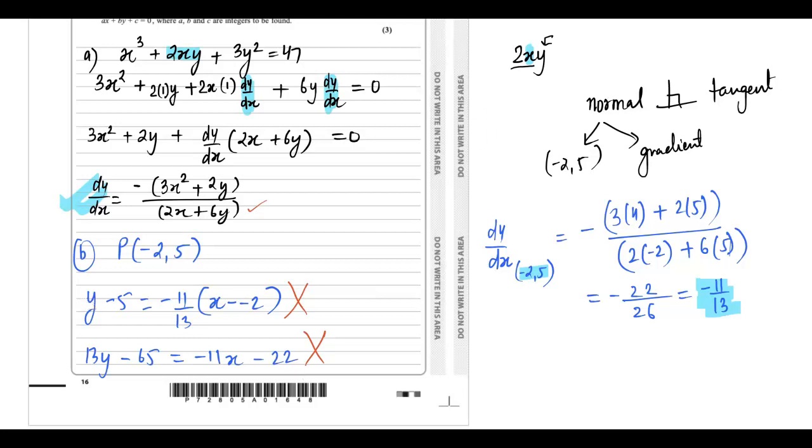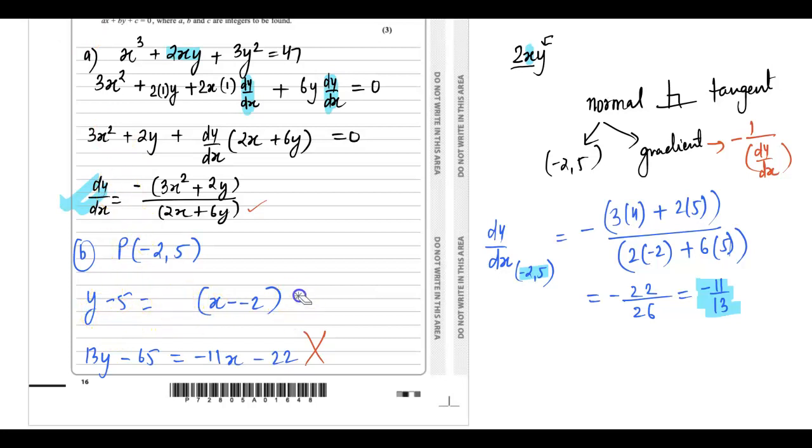So be careful not to miss those steps. I would suggest you write that the gradient is going to be the negative reciprocal of whatever you get. I personally teach my students to follow this. So this is the dy by dx you have, and the gradient of the normal is going to be the negative reciprocal of what you get.